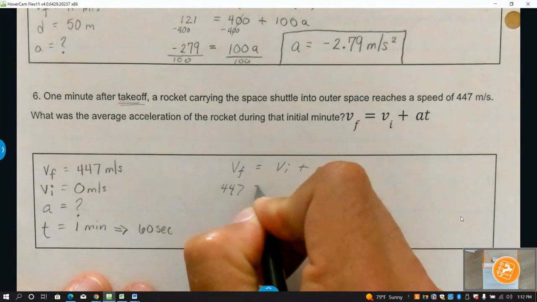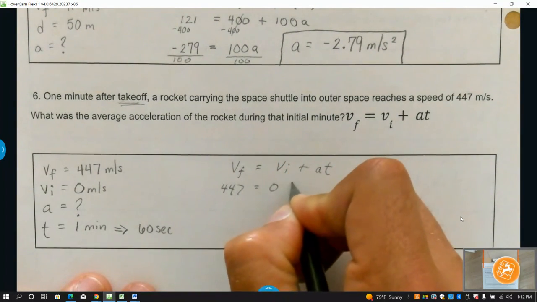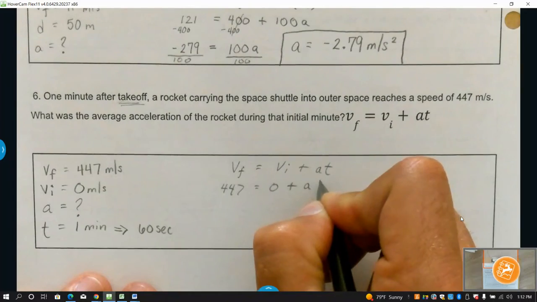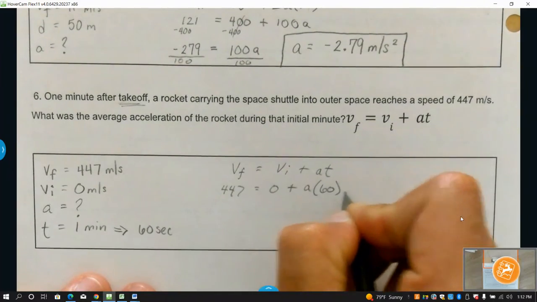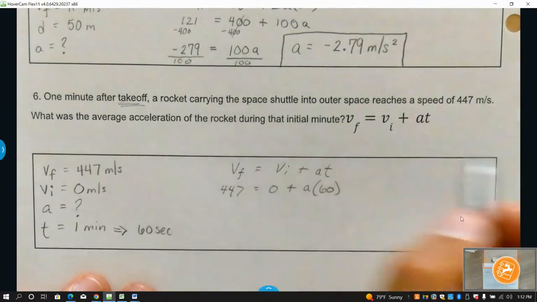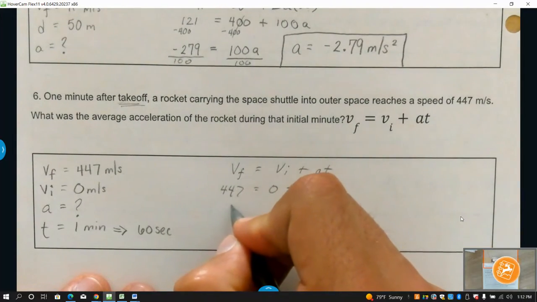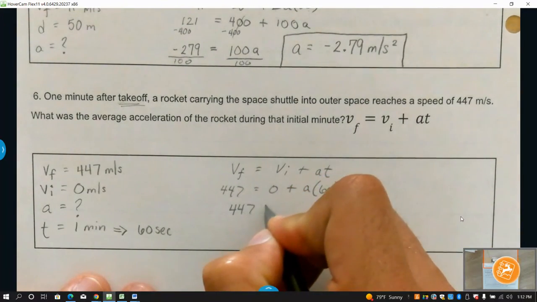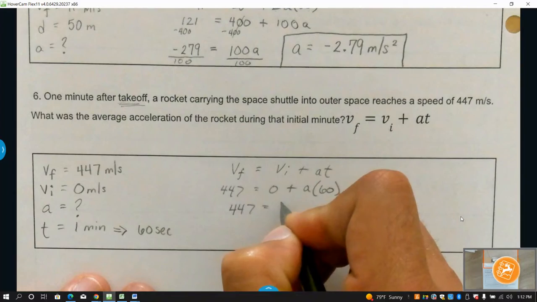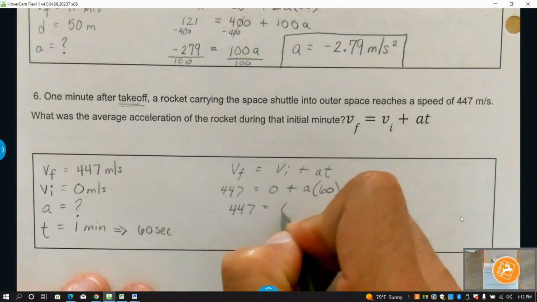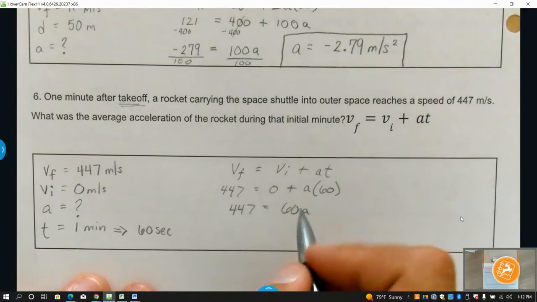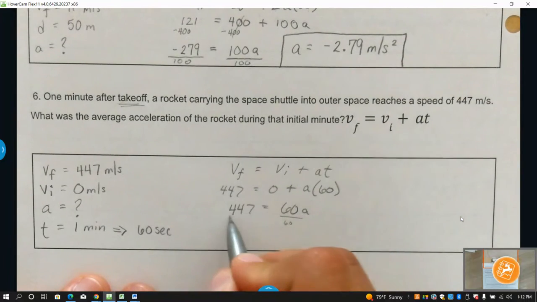So 447 equal to 0 plus A times T, which is 60. So the 0 doesn't do anything, so you're pretty much doing 447 is equal to 60A. To get A by itself, divide both sides by 60.